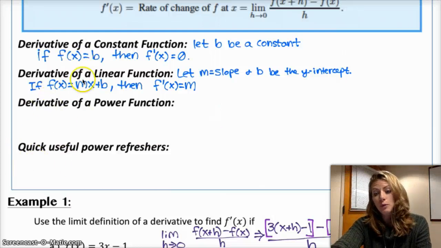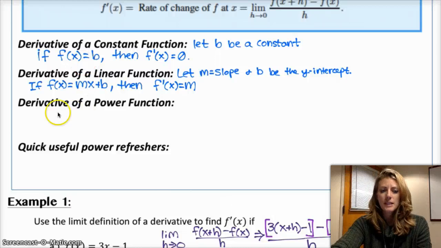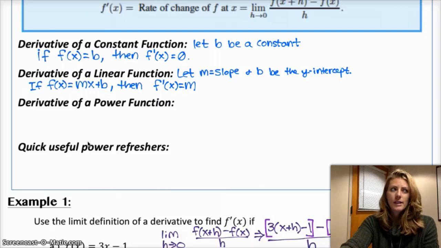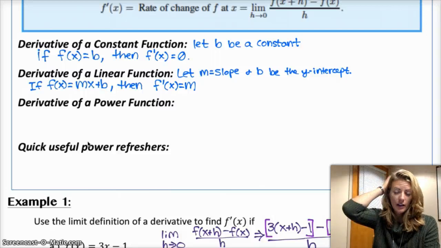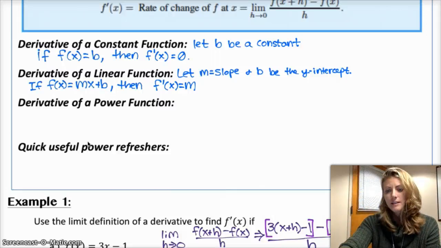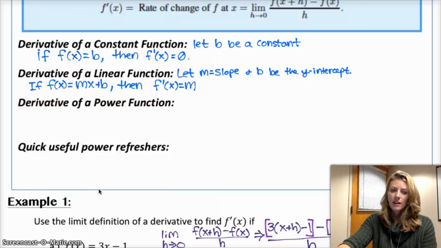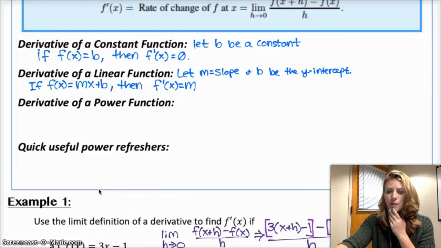So hopefully both of those make sense. This next one's kind of a shortcut that, just because this is intro to calc, I probably won't prove to you, but it's something that's really, really useful. A power function is anything that's like x to a power.